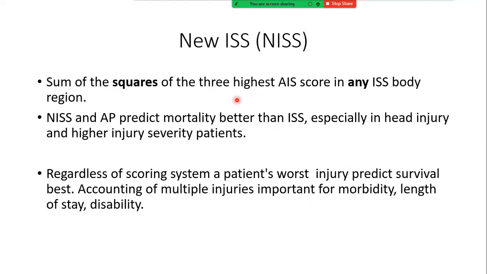The difference between the injury severity score and the new injury severity score is that ISS used one injury from each body region. Of the 6 body regions, you can only take one injury each. But in the new injury severity score, you again take 3 injuries, but from one body region you can pick 1, 2, or 3, whatever the maximum injuries are.